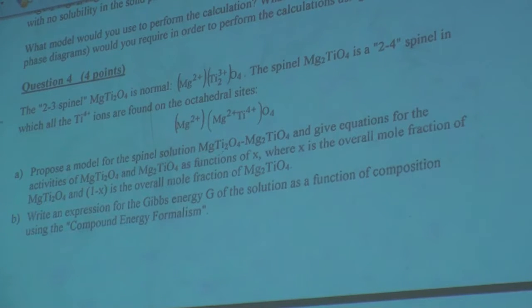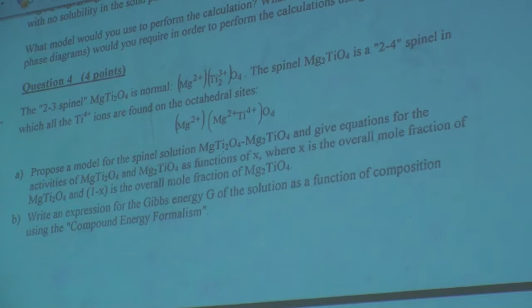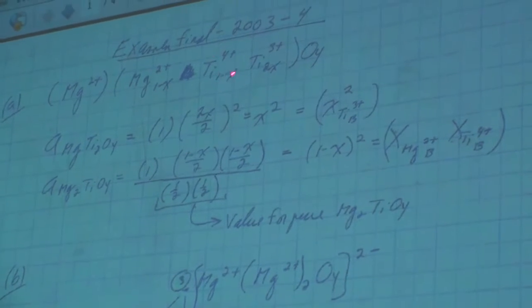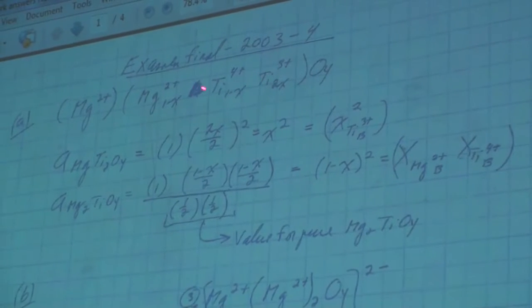So we're supposed to talk about a model and write an expression for the Gibbs energy. We write it out as magnesium on this sublattice, and then magnesium, titanium 4, and titanium 3 all mix on this sublattice, with a total of 1 minus x, 1 plus x, and 2x being 2. So there are 2 sites on this lattice. So it's a simple one sublattice model.